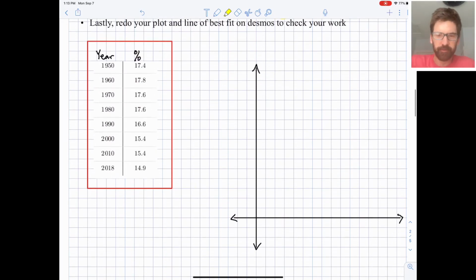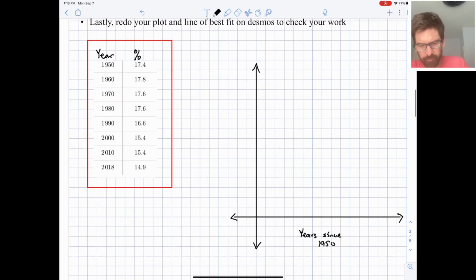So let's plot the data first, and that's often maybe the most tedious part of it. I'm going to graph years since 1950, which means 1950 would plot as 0, and then we would have 10, 20, 30, 40, 50, 60, and 70. Okay.